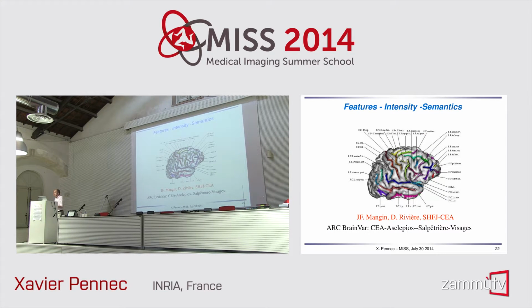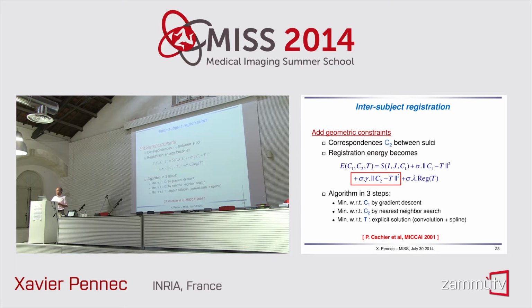Now, if we want to add some information to our image. So, for instance, on the brain image, we could extract the sulci, and we could want to match the sulci to the sulci. So it's kind of a feature-based approach where we want to add things. Well, in this criterion that we had, we can add a new correspondence field, which will be the correspondences between the lines, the sulci on the brain.